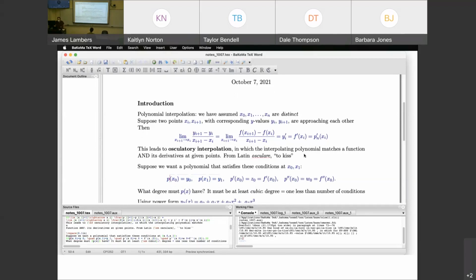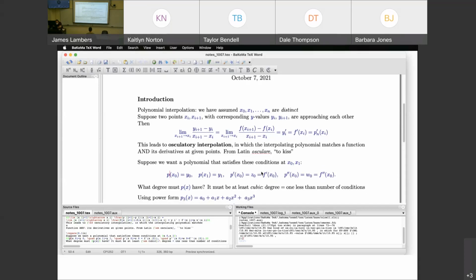So because I'm requiring 3 conditions to be true at x0 and 1 condition to be true at x1, that's a total of 4 conditions. That's 4 coefficients that you're able to set. So your polynomial must be of degree at least 3. As we've been seeing anyway, the degree should be 1 less than the number of conditions that you need to satisfy.